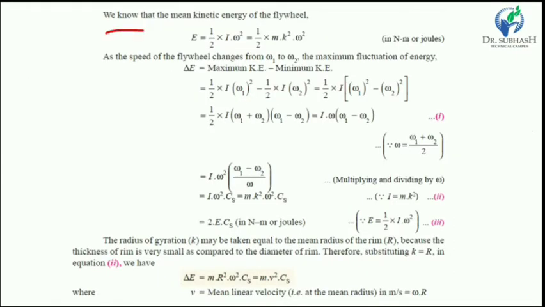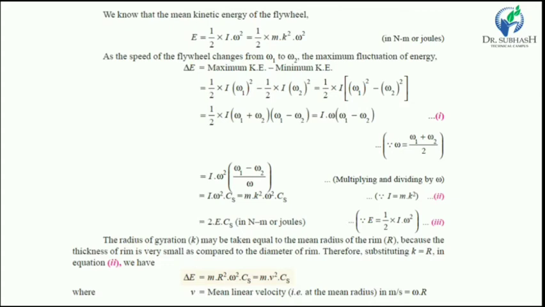Now we know that the kinetic energy of a rotating body is defined by 1 half I omega square. So the flywheel is rotating, and the flywheel kinetic energy is represented by E equal to 1 half I omega square, where E is the kinetic energy.